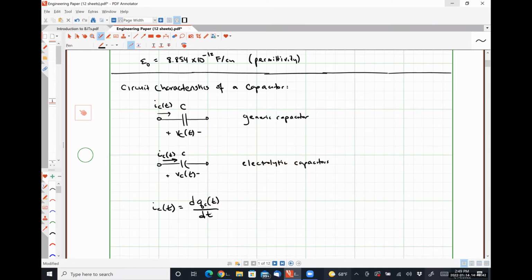This is literally the relationship for current that we've been using since the second day of class, all right? But we know now that for a capacitor, charge is related to both the quantity capacitance and voltage. And so this will become C dV by dt. This is our first equation.